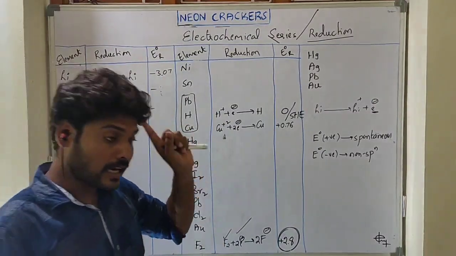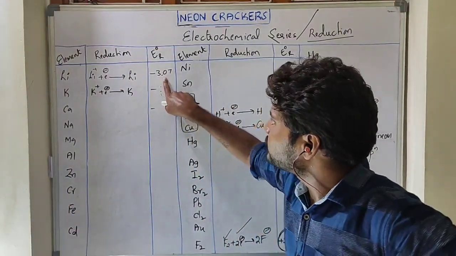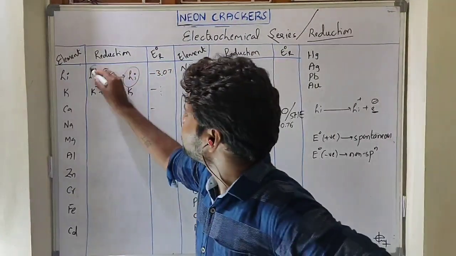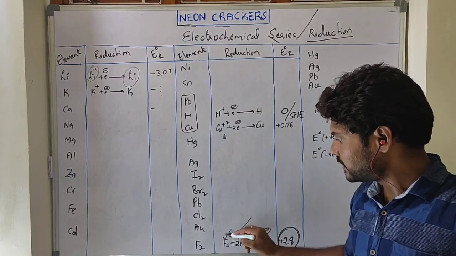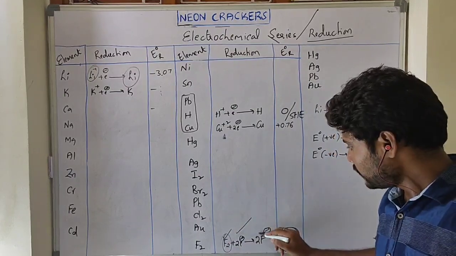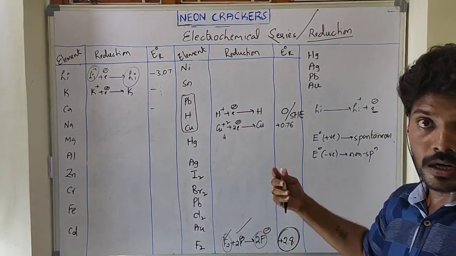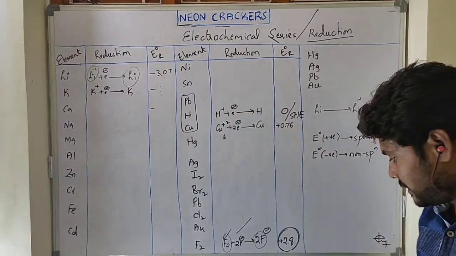Okay, again one important thing you have to remember here. We are saying reducing agent, but which one is the reducing agent, lithium or lithium plus? And here also we are saying oxidizing agent. Which one is the oxidizing agent, F2 gas or 2F minus ion? So let's see how we can find the oxidizing agent and reducing agent for a particular element. Let's see.